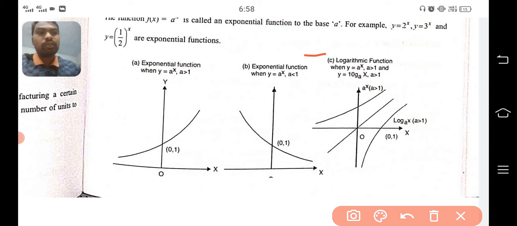So it should be a positive function, but in a separate quadrant, we can say. Clear? We shall discuss the logarithm function. We can express a logarithm function as an exponential function and an exponential function as a logarithm function. Conversion of both is possible.